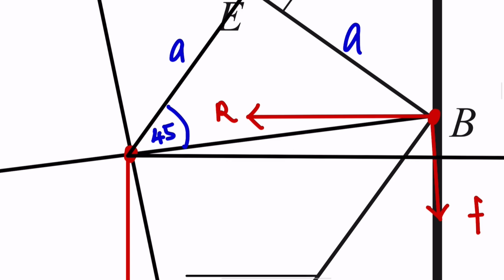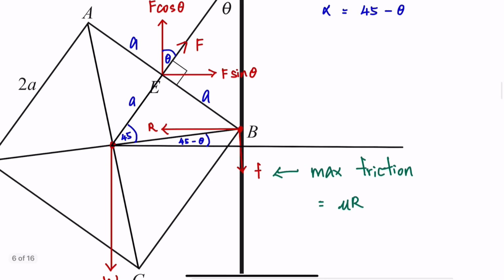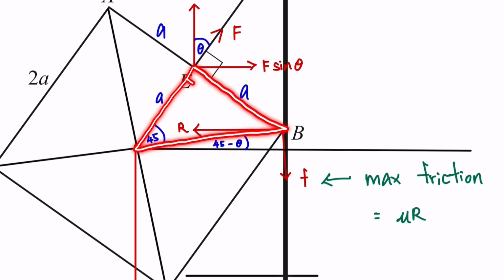So this angle here is 45 minus theta. And how do we find this length? This is also a right angle triangle, so we can use the Pythagoras theorem to find this length.